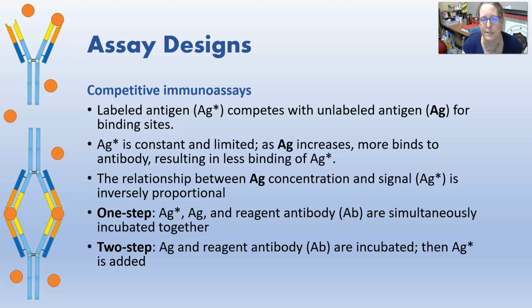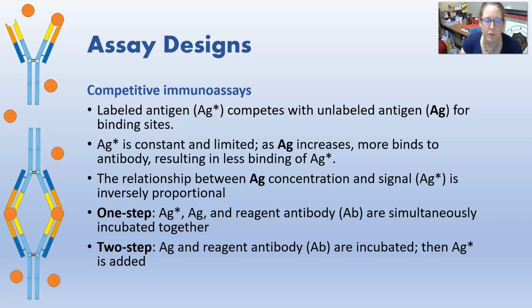As the concentration of antigen in the sample increases, more of the unlabeled antigen from the sample will bind to the antibody, resulting in less binding of the labeled antigen. The relationship between the antigen concentration and the signal from the labeled antigen is inversely proportional. So the more antigen was present in the initial sample, the weaker the signal is going to be.